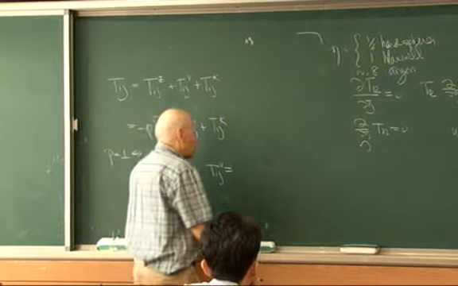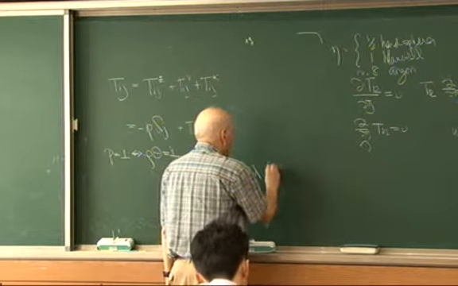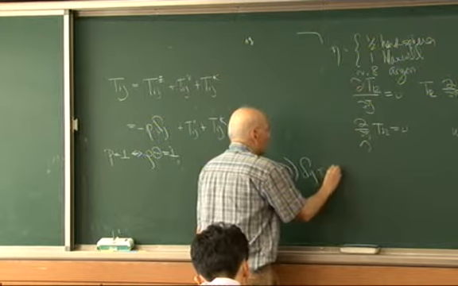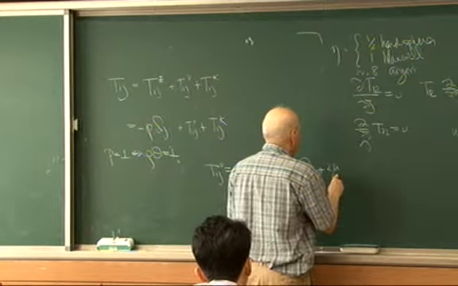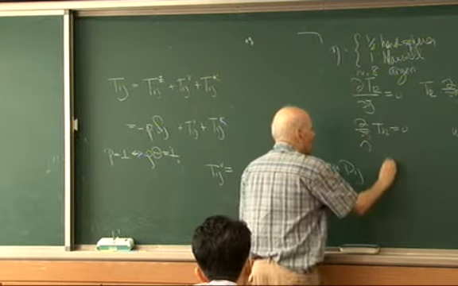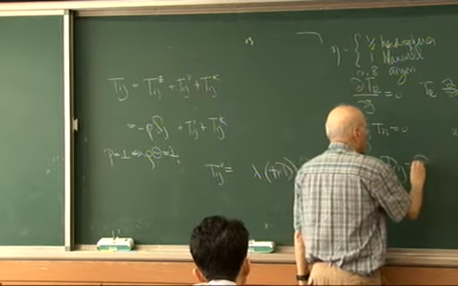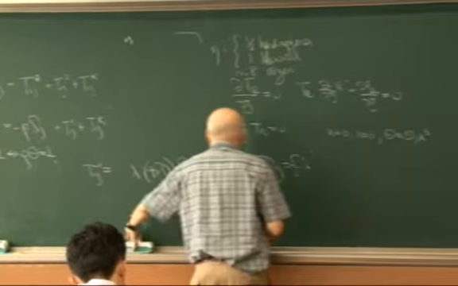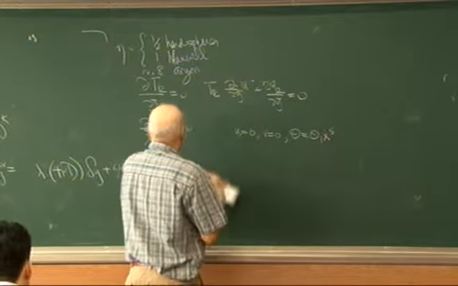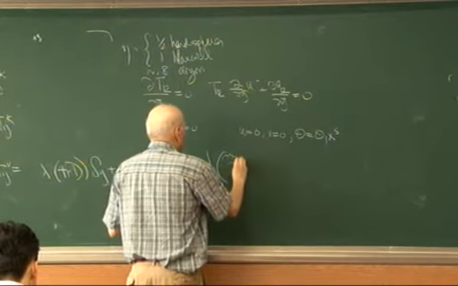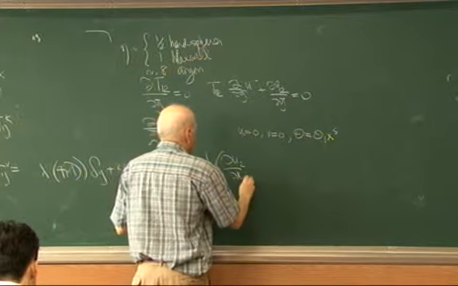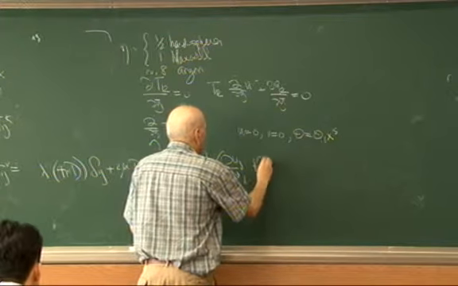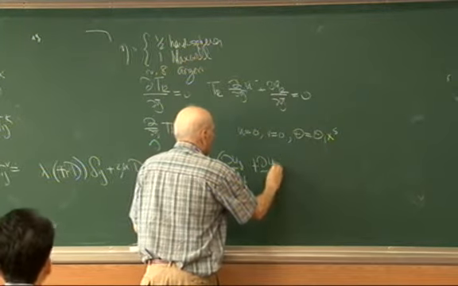It's lambda trace d delta ij plus 2 mu dij, and dij is 1/2 the partial of uj with respect to xi plus the partial of ui with respect to xj.